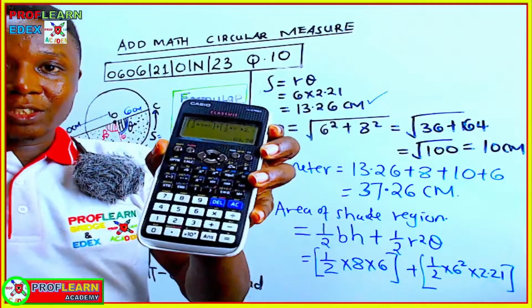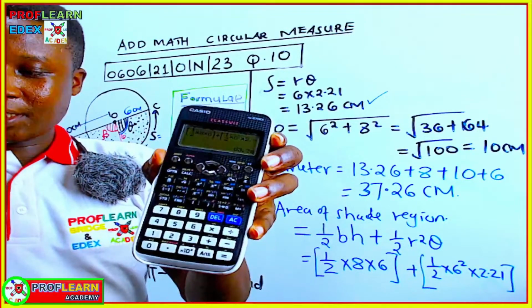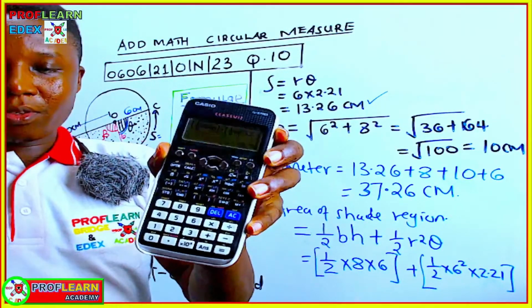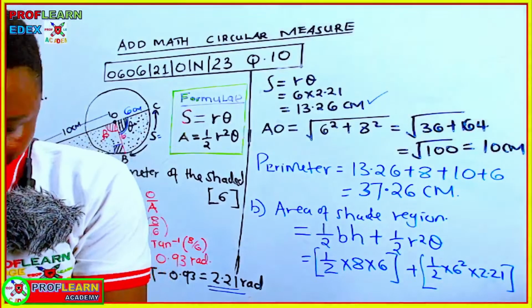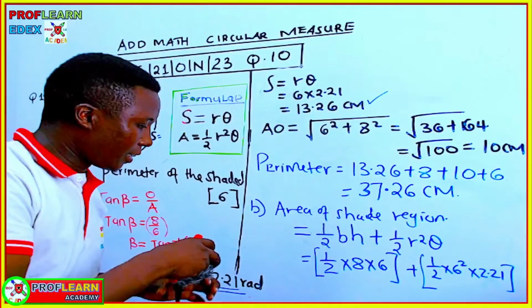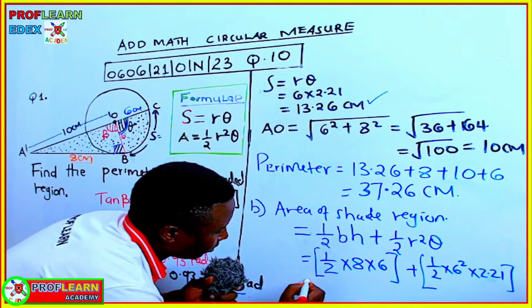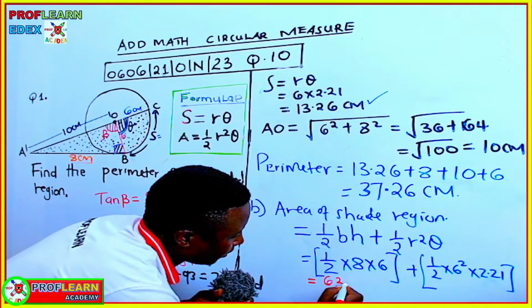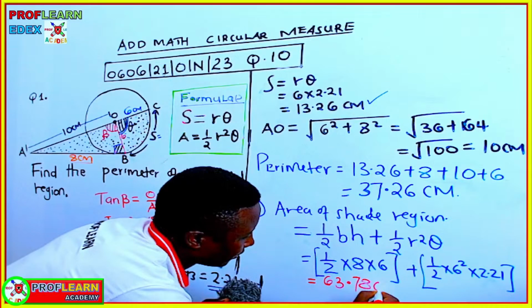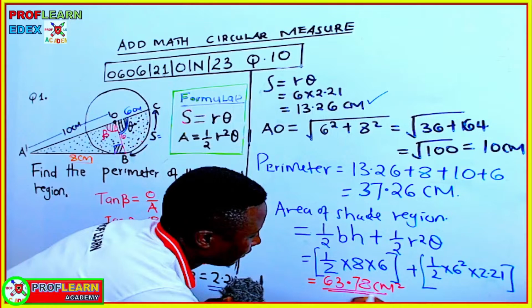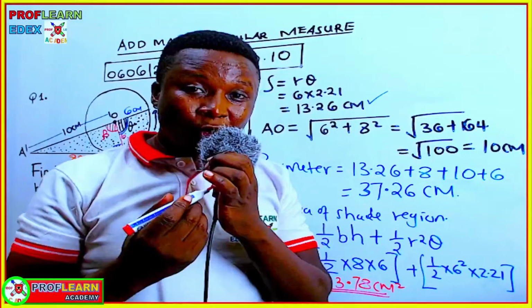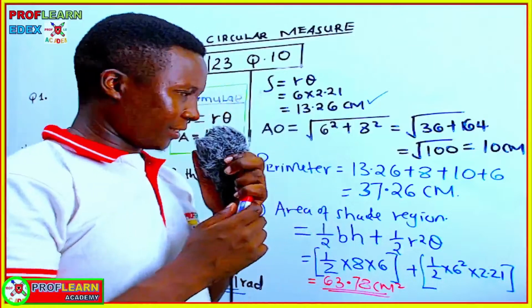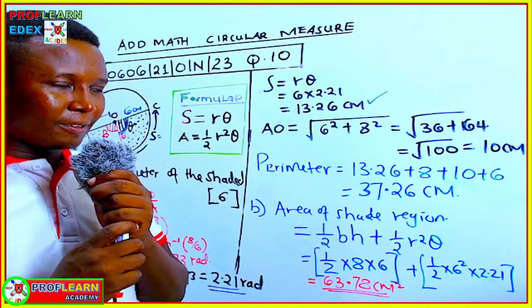My answer is actually 63.78. So the answer here is 63.78 centimeters squared. So basically, that's what you're supposed to do in order to work out questions like this, right?